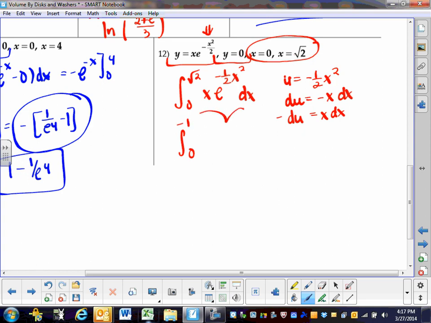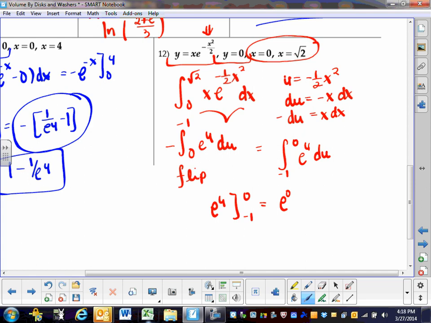And then the inside part is negative e to the u du. So now I can flip this part, because these are in the wrong order, and it'll fix the negative. That makes this positive, negative 1 to 0, e to the u du. So that's e to the u from negative 1 to 0. So that's e to the 0 minus e to the negative 1. So 1 minus 1 over e.